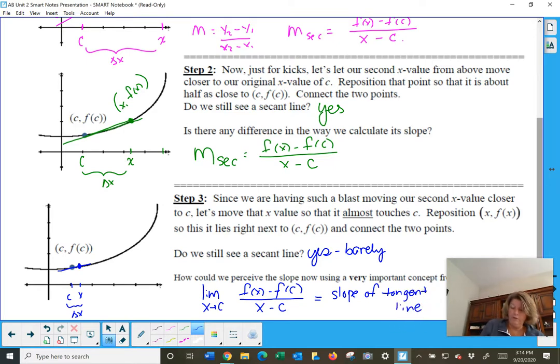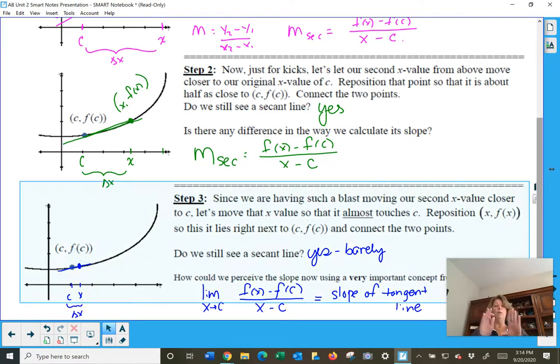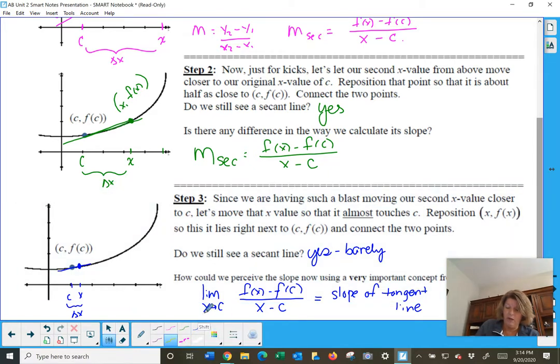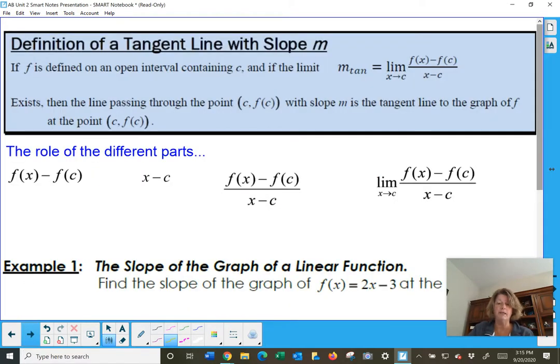So if I were to continue bringing this point very, very close, it would become the tangent line. So that's the idea, this idea of limit that we studied so hard in chapter 1 now assists us in defining the slope of the tangent line.